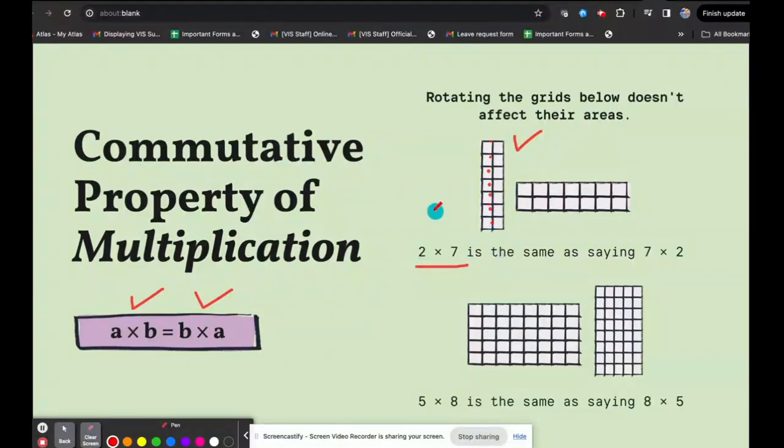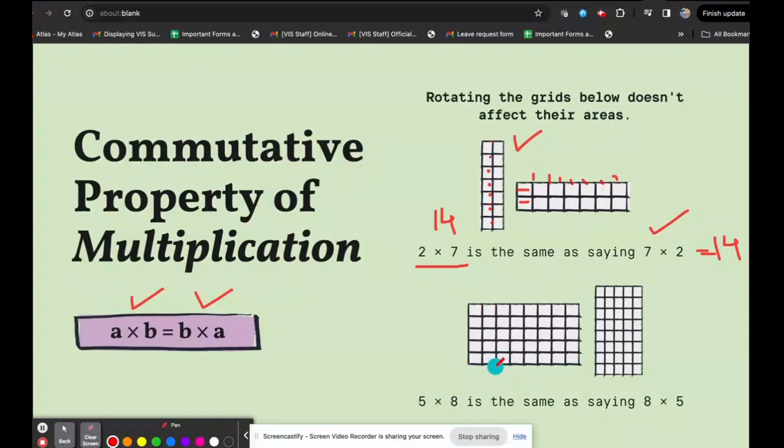So 2 times 7 is equal to 14. And if we rotate the grid, it has 2 rows and 7 columns. So 7 times 2, which is again equal to 14. It means that if we change the order in multiplication, the answer will remain the same.